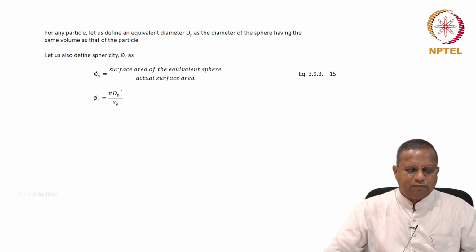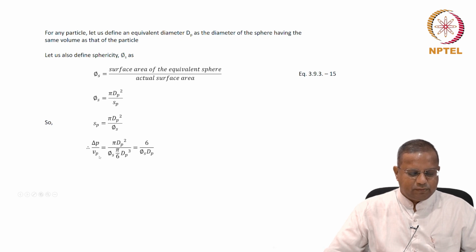So phi s is nothing but pi dp squared by SP, and therefore SP is nothing but pi dp squared by phi s, and SP by Vp will turn out to be pi dp squared by phi s, pi by 6 dp cubed, which is 6 by phi s dp. Okay.